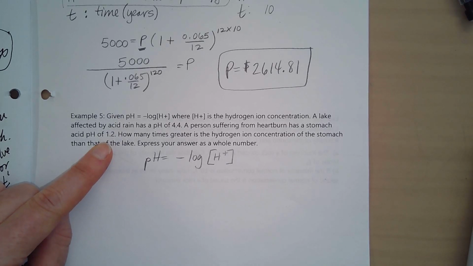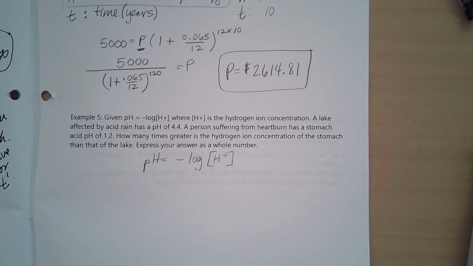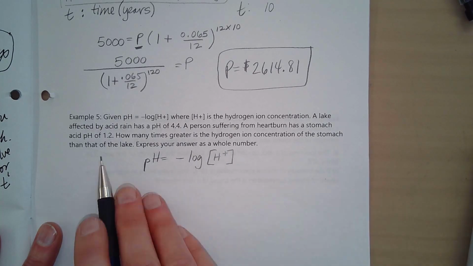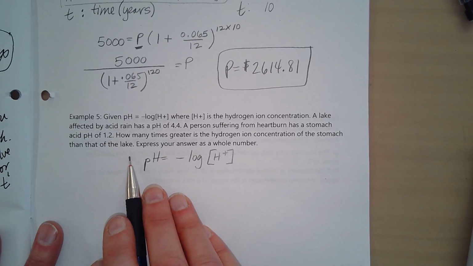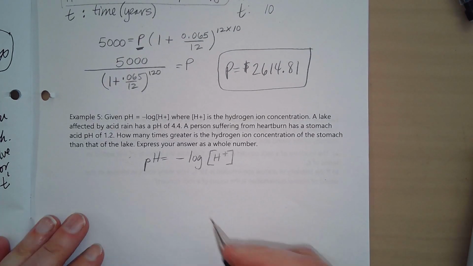To basically destroy the food that we eat, right? Compact it and disintegrate it. So it's really acidy too. But acid rain is more acidic, right? Isn't it, or is it less? How many times greater is the stomach acid than the lake? The stomach acid, of course, is more acid than the lake. Otherwise, you'd burn if you jumped into the lake, probably, right? If it was that acidy.